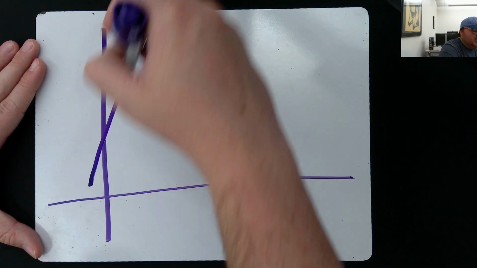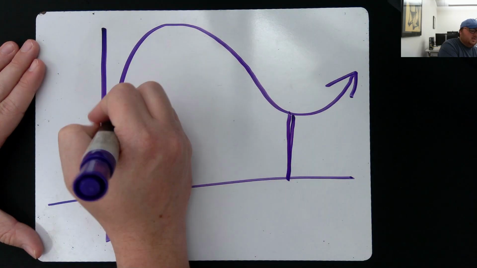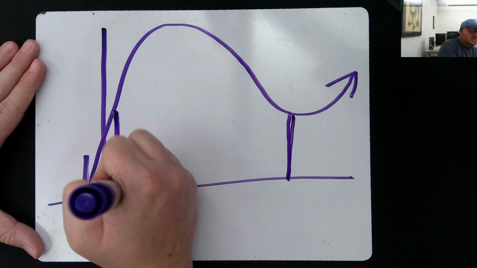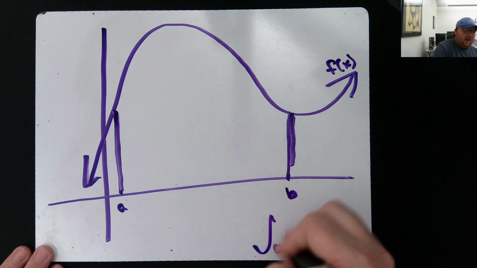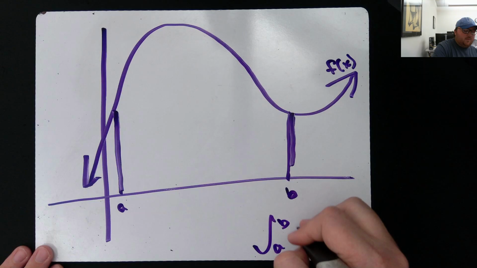Let's do this. And I want to find the area from here to here. Now again, the proper calculus way is that if this graph is f of x, this is a and this is b, you would do the integral from a to b of f of x dx. That's the proper calculus way.